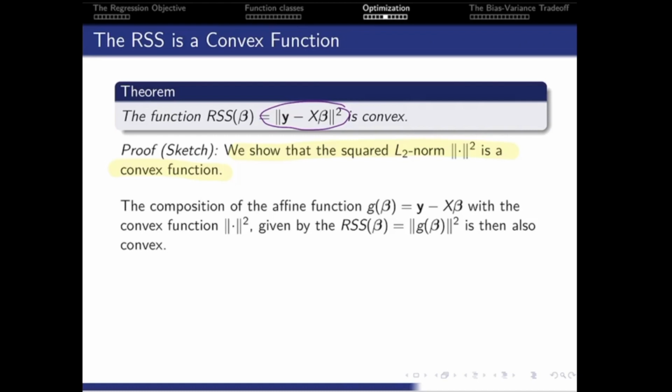And when we have shown that the squared L2 norm is a convex function, then we know that the residual sum of squares is convex, because the composition of an affine function, which is here g of beta, the inner function y minus x beta, and the convex function, the norm to the square, is then also convex. This we had in our optimization lecture: the composition of a convex function and an affine function is also convex.